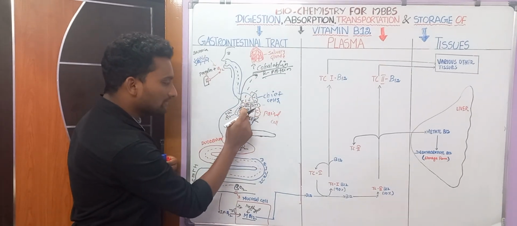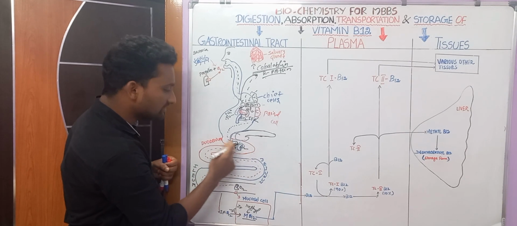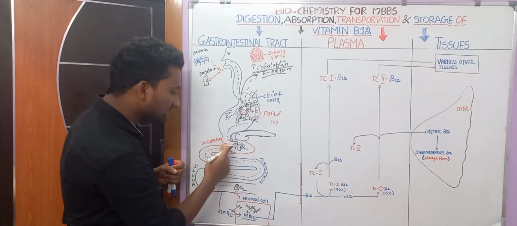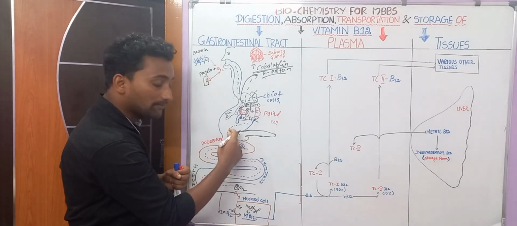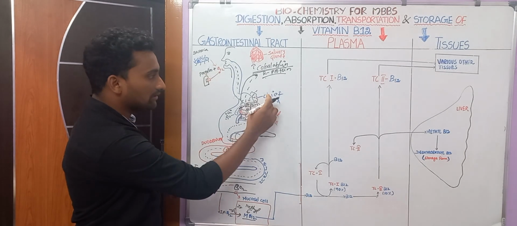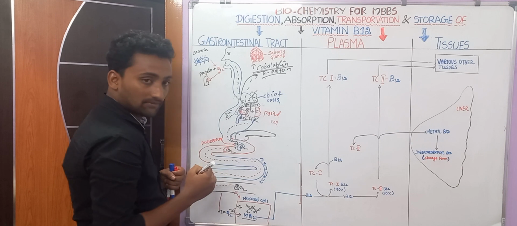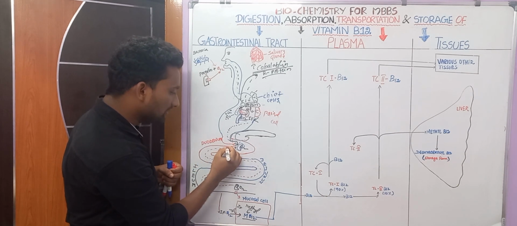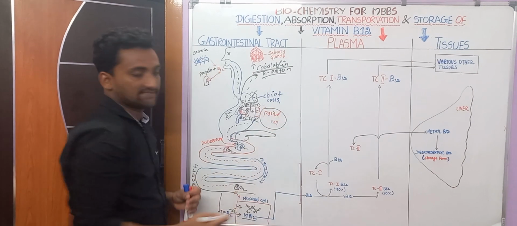Now this R protein B12 complex passes through the duodenum and enters into the first part of the duodenum. So in the first part of the duodenum, what happens? By the action of pancreatic proteases, this B12 and R protein complex will be degraded again. Again B12 will come out and bind with intrinsic factor which was synthesized by the parietal cells.